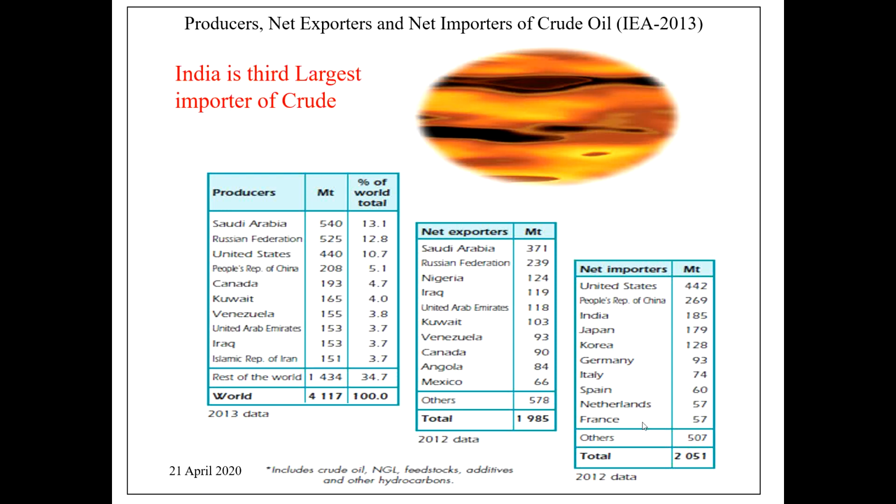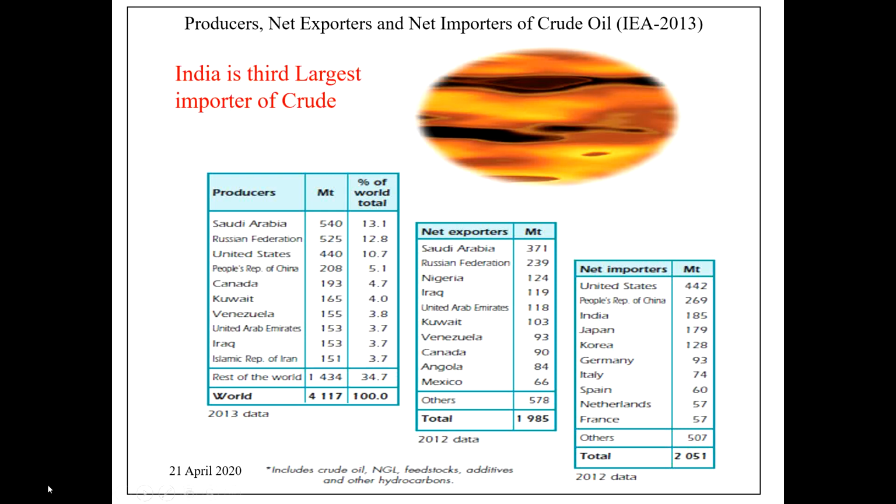Now, as far as producers, exporters and importers of oil at the world level are concerned, Saudi is the largest producer of oil. Saudi nearly holds 35% of the world oil reserves, followed by Russian Federation. Recently, Venezuela has also tapped very large resources of oil.